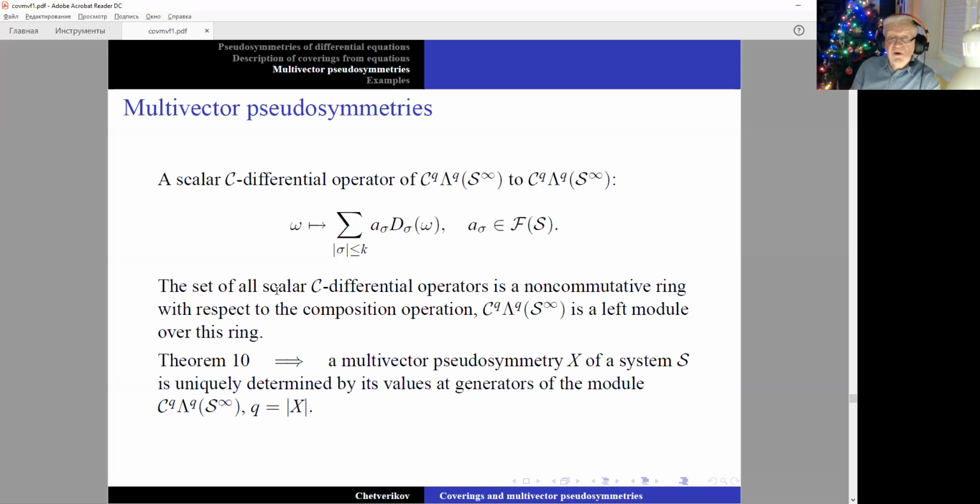The set of all scalar differential operators is a non-commutative ring with respect to the composition operation. This set is a left module over this ring, and from theorem 10, it follows that a multivector pseudosymmetry X of a system S is uniquely determined by its values at generators of this module.